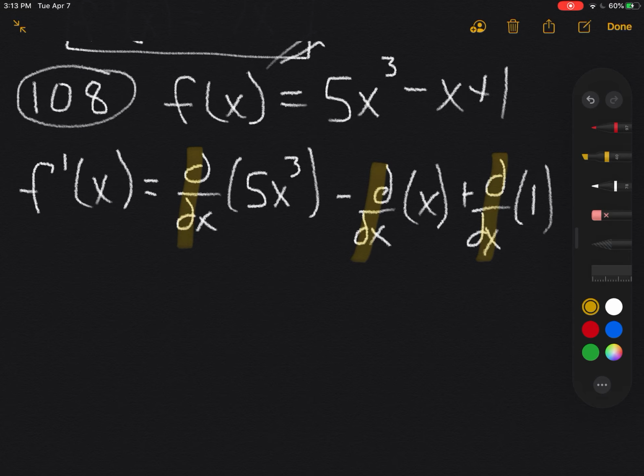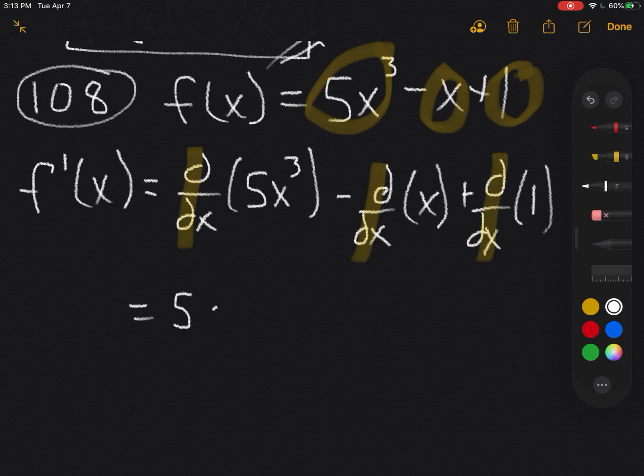This notation that I'm using, this d by dx notation, is a fancy way to say what I told you for problem 107, which is that when I'm taking the derivative of this function, I can take the derivative of each piece of this polynomial, each term, and then add them all together, and that'll work just fine.